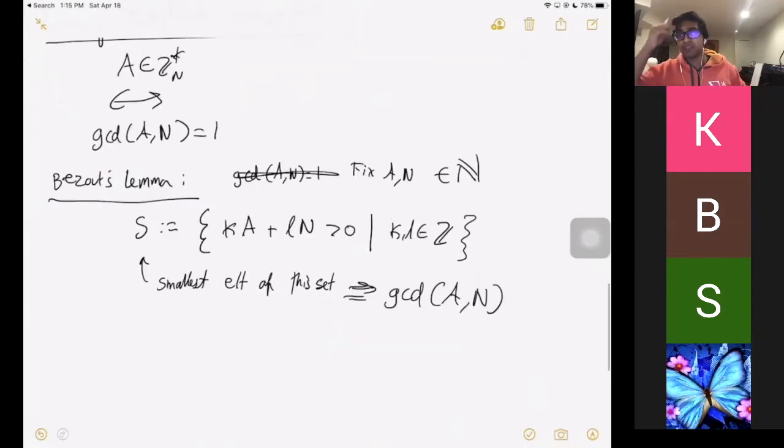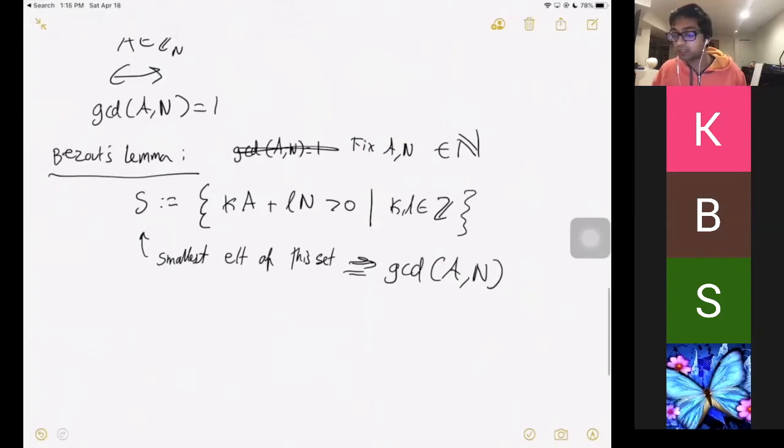So really what the extended Euclidean algorithm is doing, and maybe you don't really need to know it in this much detail, is it actually finds you the smallest linear combination with integer coefficients of the two things, a and n, or whatever two things that you're running the extended Euclidean algorithm on. And the smallest element of the set is equal to the GCD, right?